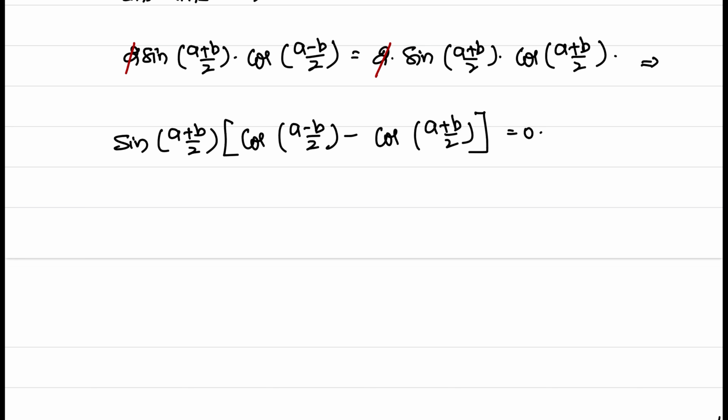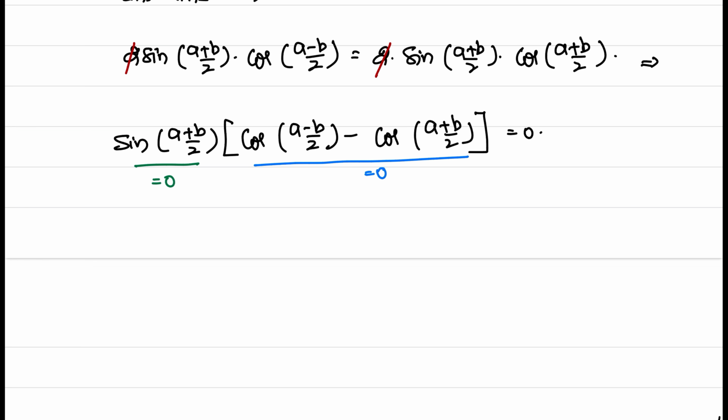By rearranging and bringing the right hand side to the left hand side, we can write this. Then there will be two conditions to make it 0. Either this will be 0 or this will be 0. Either of them should happen.